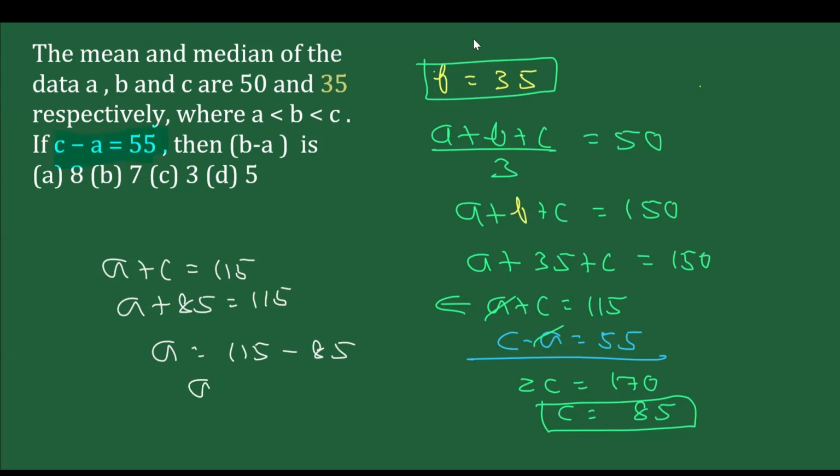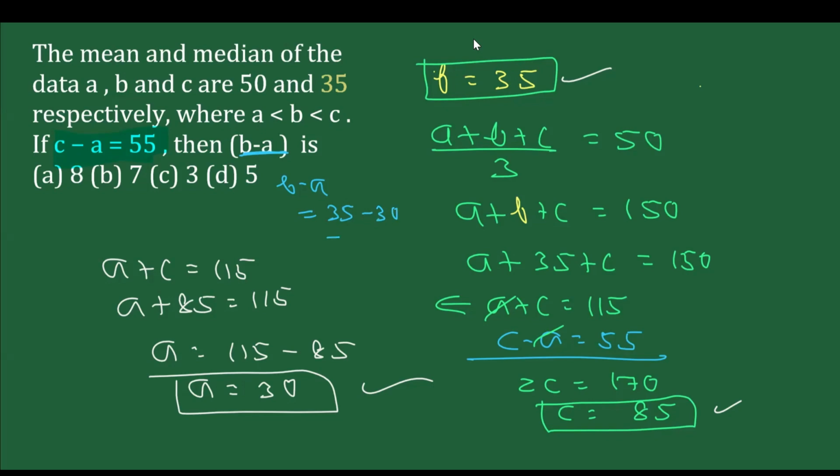So A comes out to be 30. We have B, we have A, we have C. Now we have to get B minus A. B is 35 minus A, which is 30. That will give you 5. So this is the answer for this question.